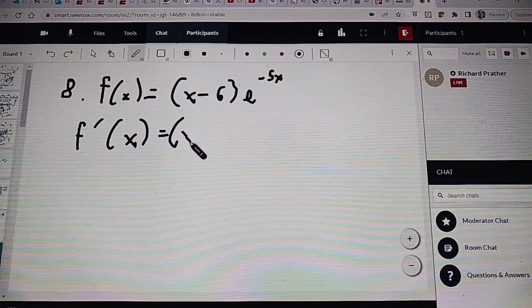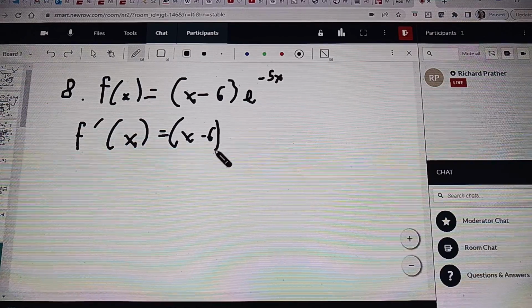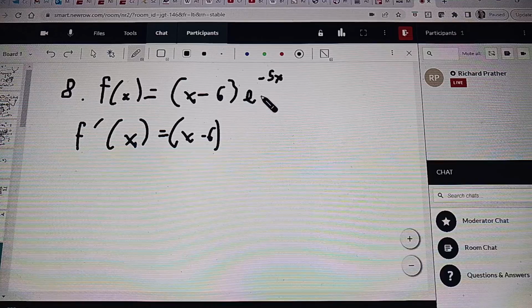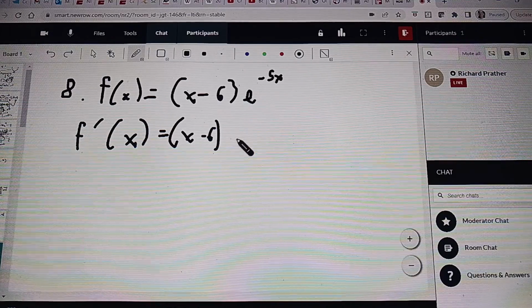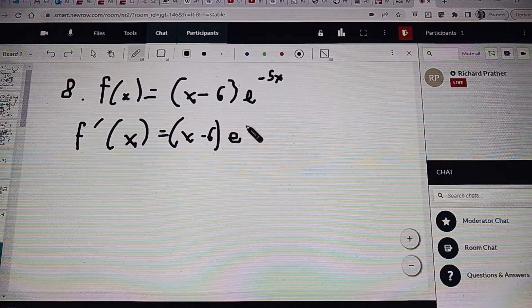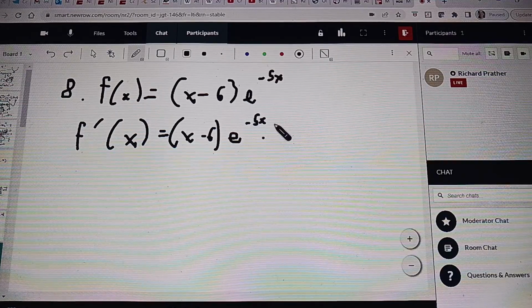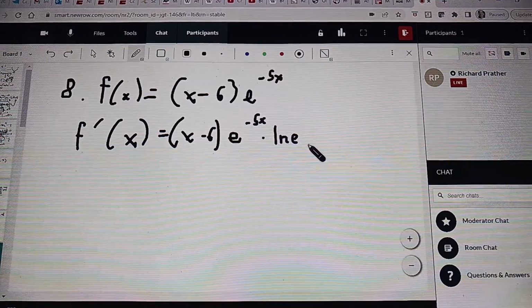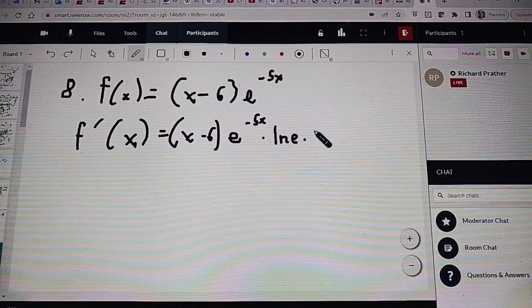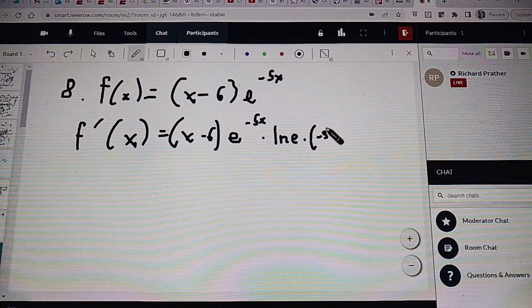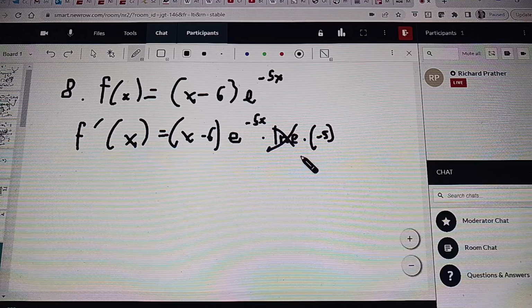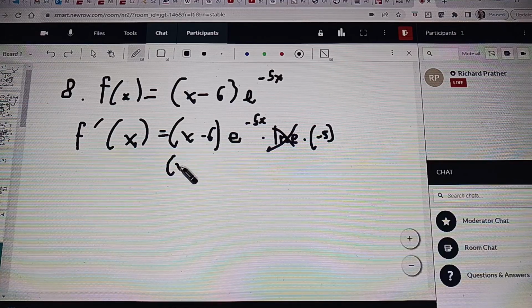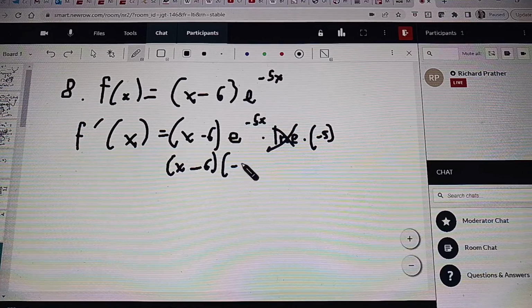First times the derivative of the second, and the derivative of an exponential is first itself, times ln of e, which is 1, times the derivative of the exponent, which is -5. So if I rewrite this, it would be x minus 6 times -5 e to the -5x.